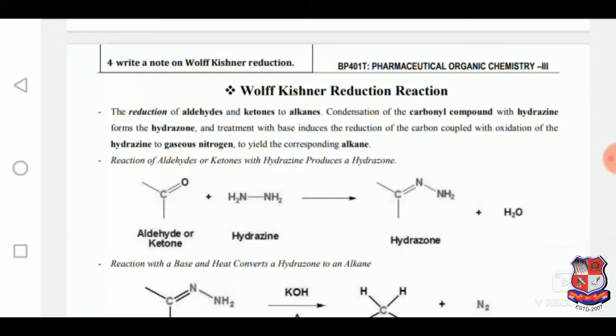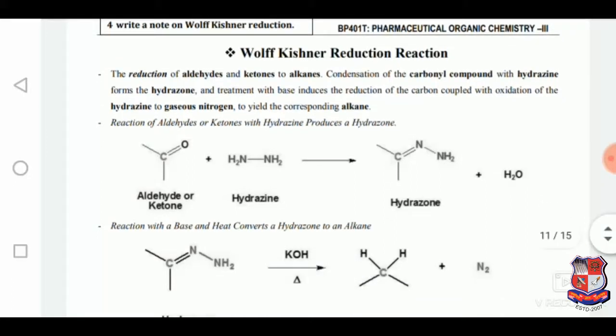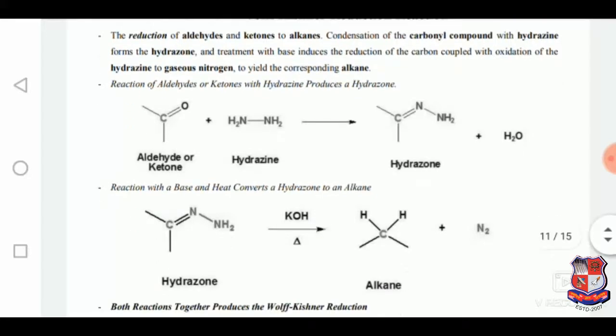Question number 4. Write a note on Wolff-Kishner reduction. It is a reduction of ketones and aldehydes to alkanes. Condensation of the carbonyl group with hydrazine forms the hydrazone, and treatment with base induces the reduction of carbon coupled with oxidation of hydrogen to gaseous nitrogen, forming the alkane.